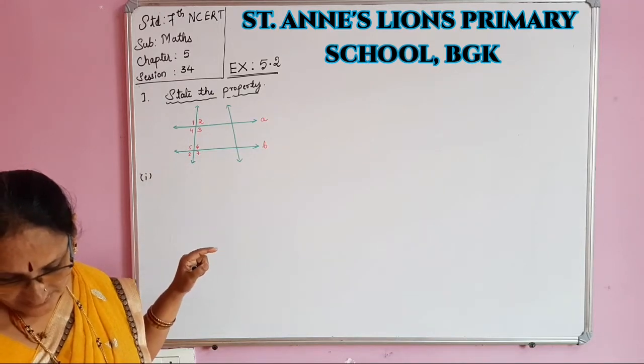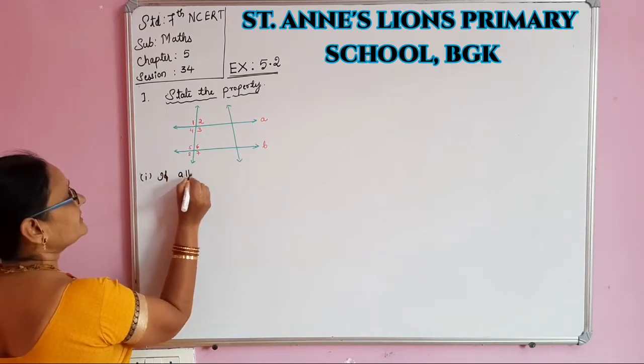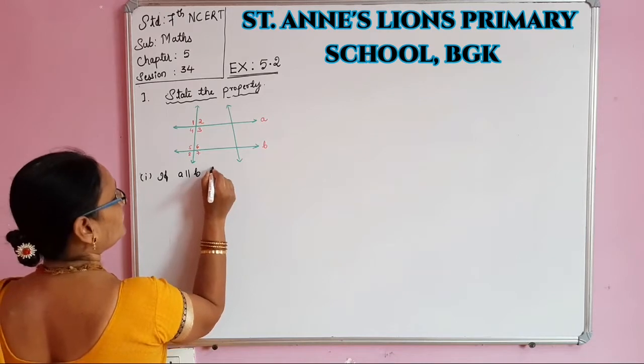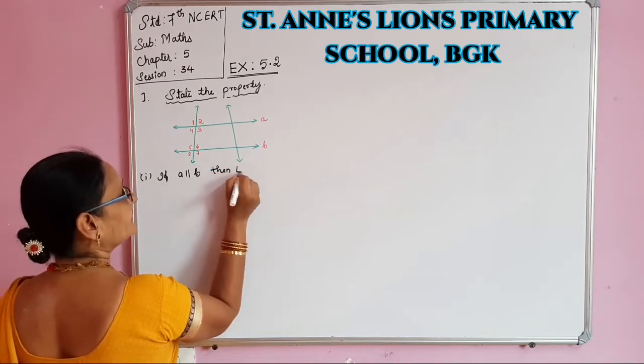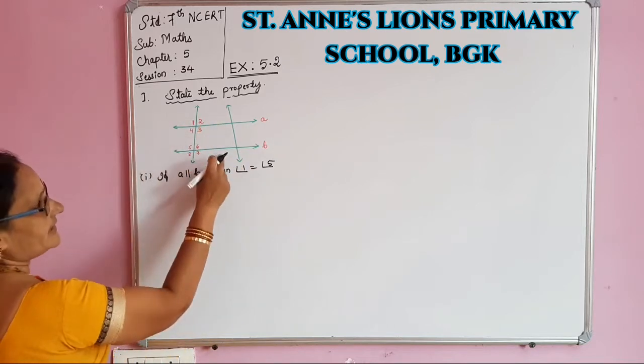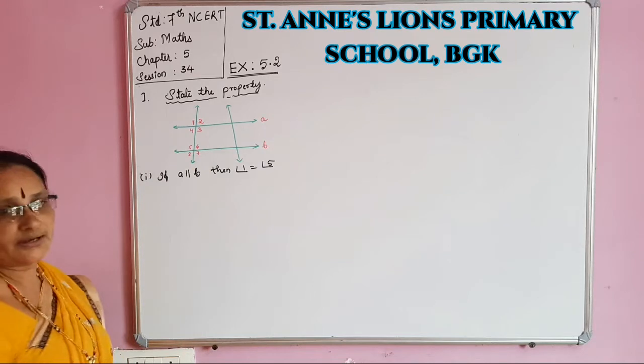The first question is, if A is parallel to B, then angle 1 is equal to angle 5. See, if A and B are parallel and this is a transversal, angles 1 and 5 are equal. Why?